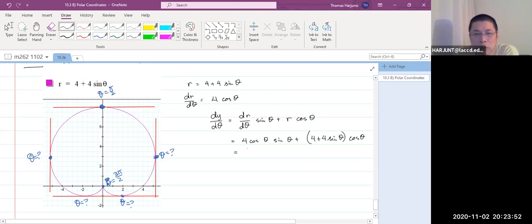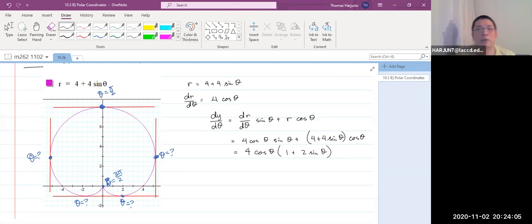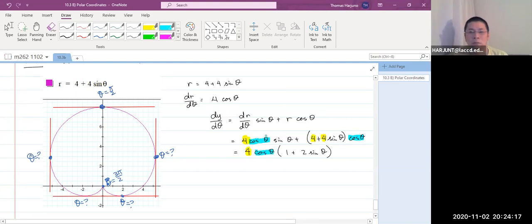That is equal to 4 cosine theta times (1 plus 2 sine theta). Is it right? Common factor 4 going out, another common factor cosine going out. Do you see that? I basically add 1 plus sine theta plus sine theta.